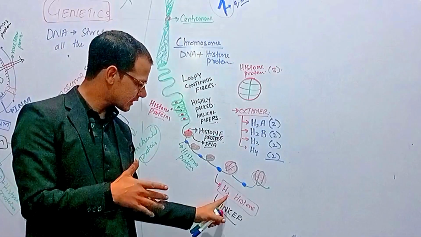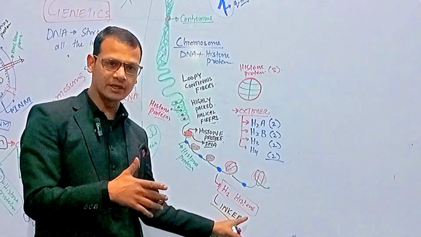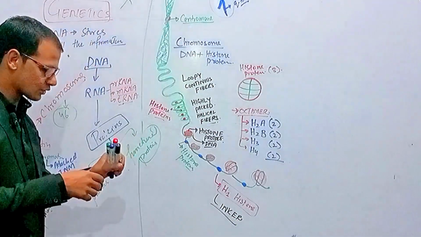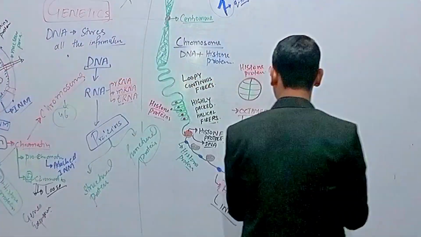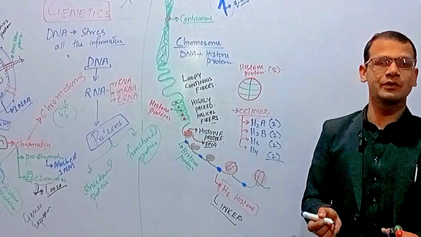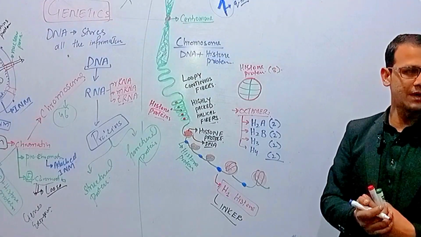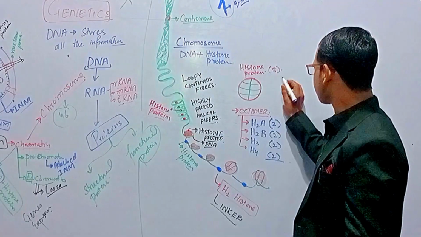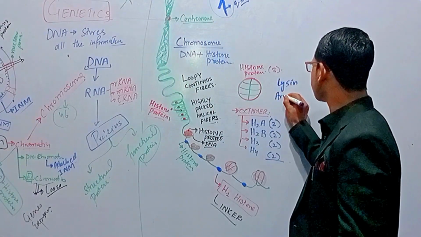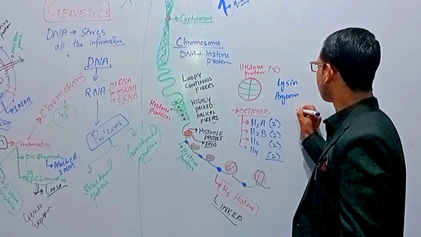And this is H1 histone protein. What is the composition of this histone protein? This is protein, so it will be made of amino acids. The amino acids are lysine and arginine.